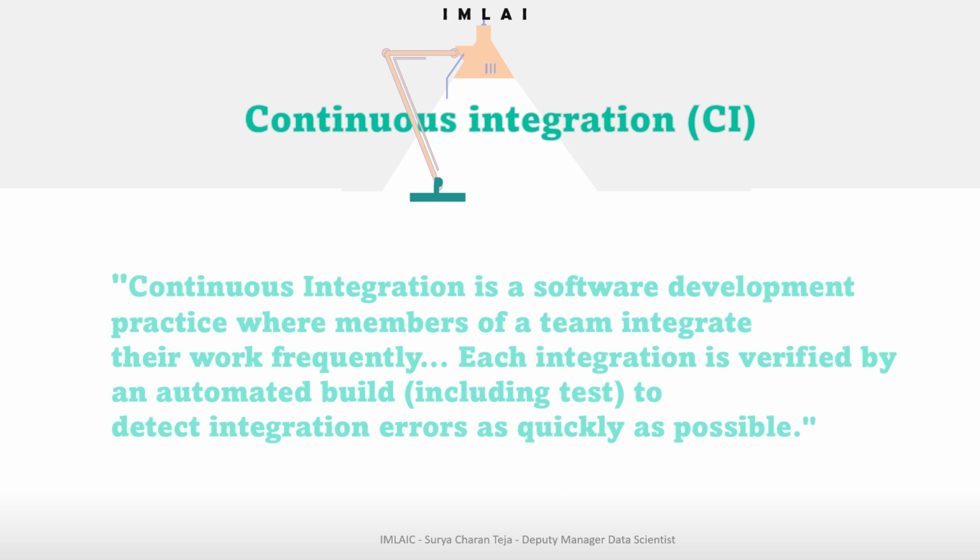So, CI is an automatic process that allows you to check the completeness of an application's code every time a team member makes a change. This verification must be done as quickly as possible.